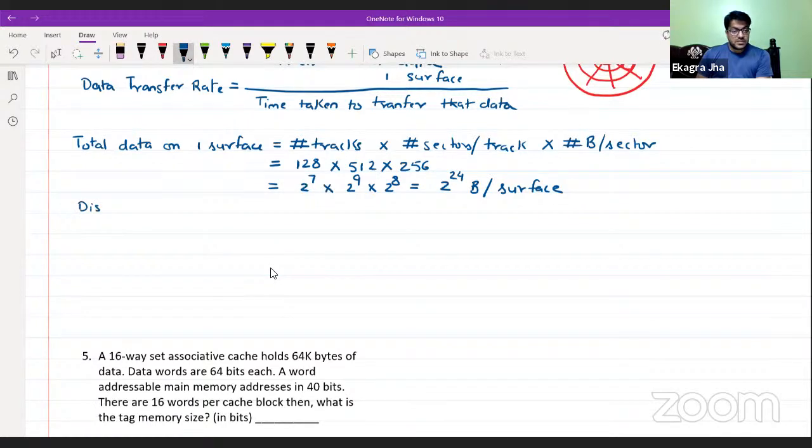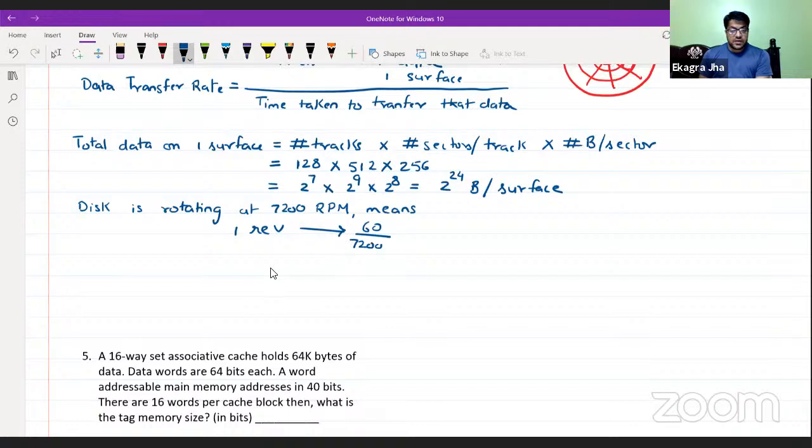The disk is rotating at 7200 rpm, which means one revolution can be done in 60 upon 7200 seconds.